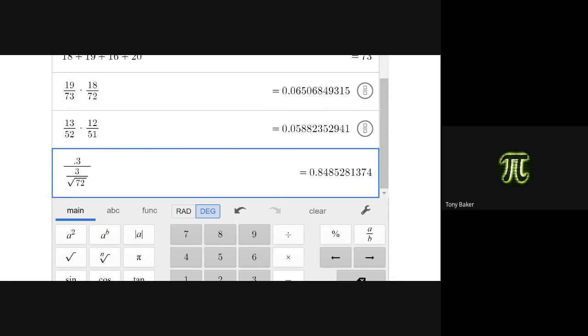But the nice thing is it should be the exact same. So I'm looking for 0.84 or 0.85, actually.